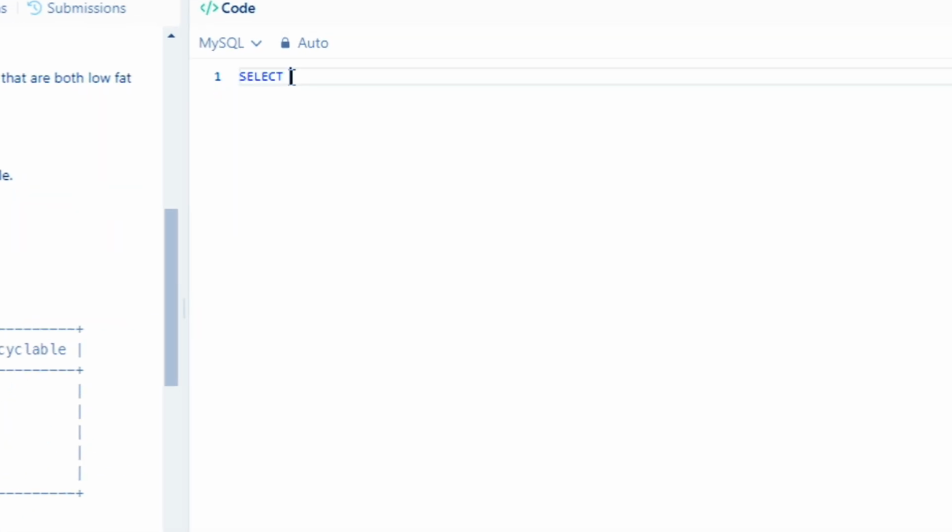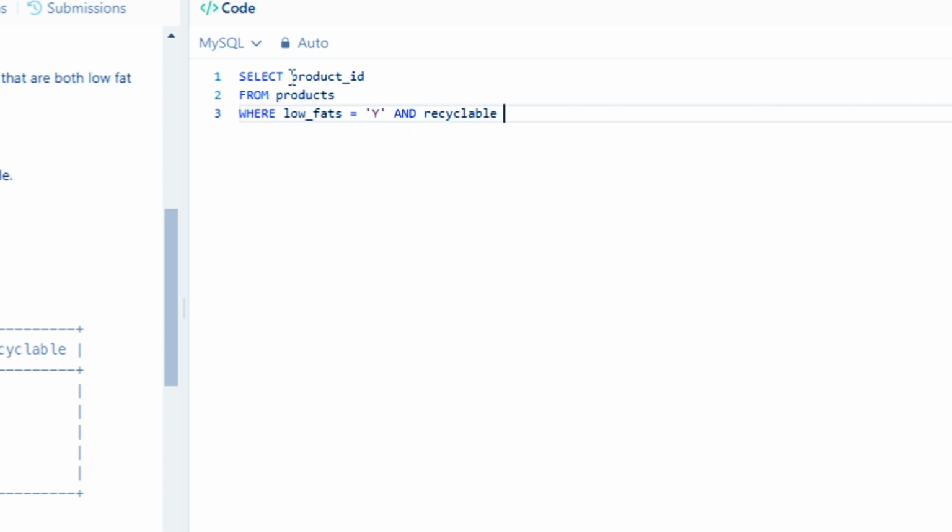So it is SELECT product_id. We need only one column. SELECT product_id FROM Products WHERE low_fats is 'Y' AND recyclable is also 'Y'.